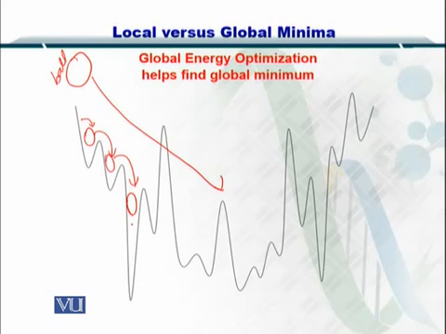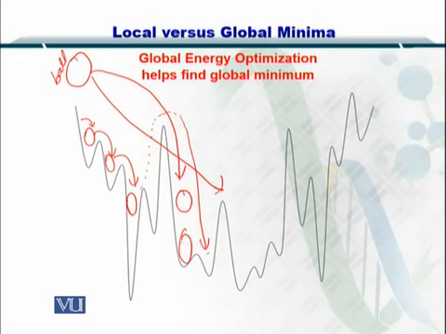But after this, it will be very difficult for the ball to actually go and move in this direction, right? So even if this ball were to fall here and then move here, it will become impossible for it to shift its energy like that.